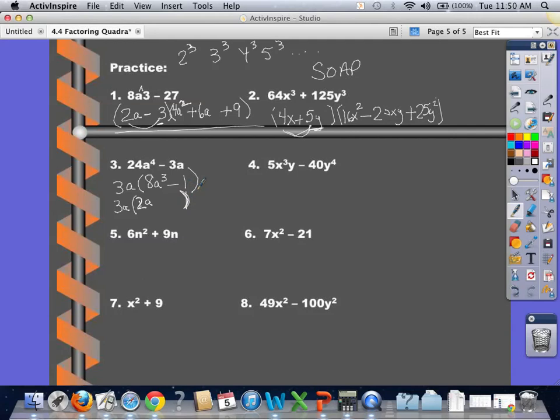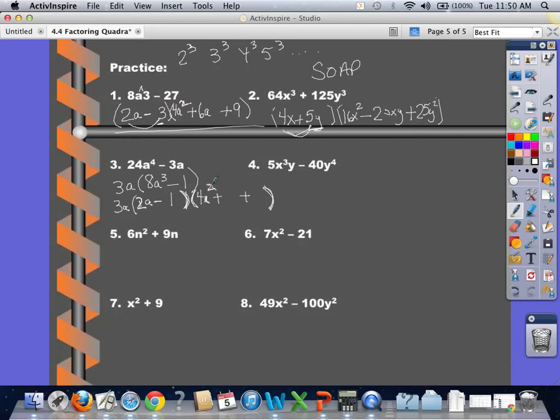Okay? Then we're going to do the same sign, opposite and always positive. What is the cube root of 1? It's 1. Real simple. Take the first term and square it, so that's going to be 4a squared.